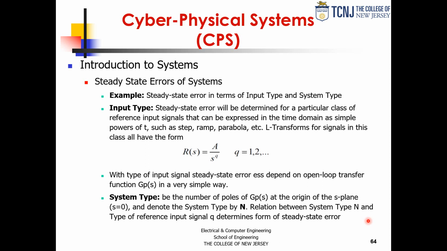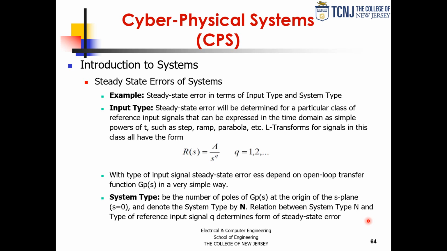So there are system types using the control body of knowledge. And the system type essentially is the number of poles of the open loop transfer function. So if you look at the open loop transfer function without the system having any feedback, just the feed forward part, and you look at the number of poles of the Laplace transform, that's the order of the system, that's the system type, okay?